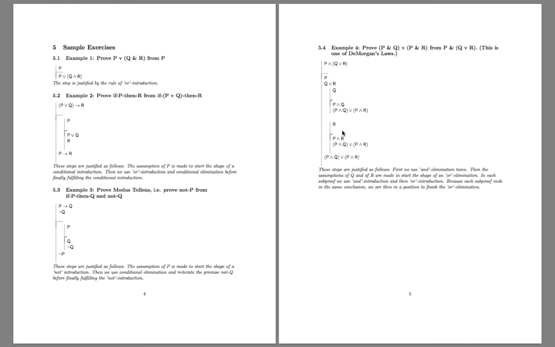And of course, by symmetry of reasoning, we can get that very same result from the assumption that R, this time by conjoining P with R and then adding P and Q to that.